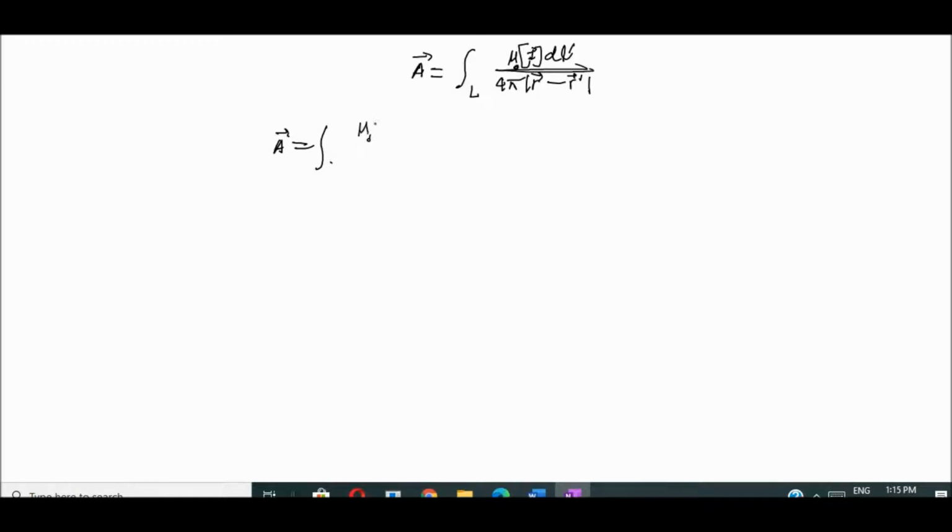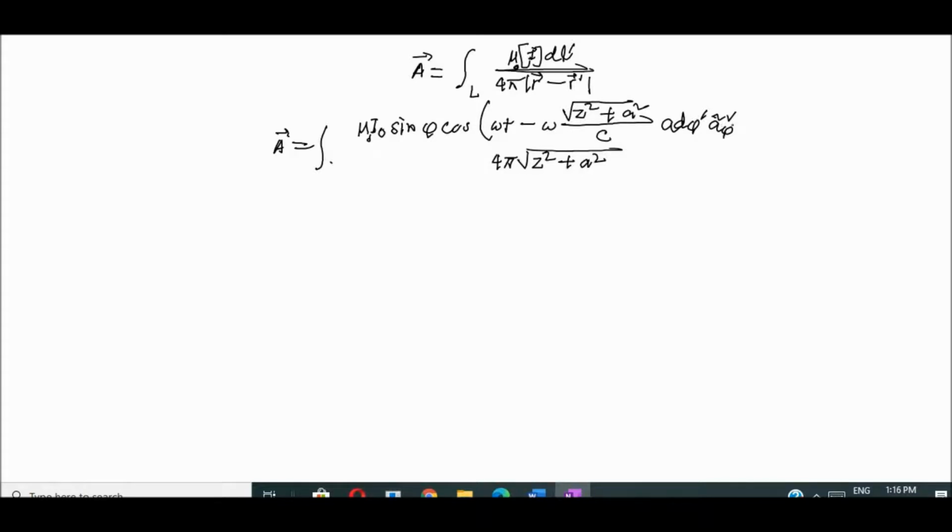We have mu naught, the current is I naught sine phi cosine of omega t minus omega times the square root of z square plus a square over c, a d phi prime a phi prime, over 4 pi times the square root of z square plus a square.